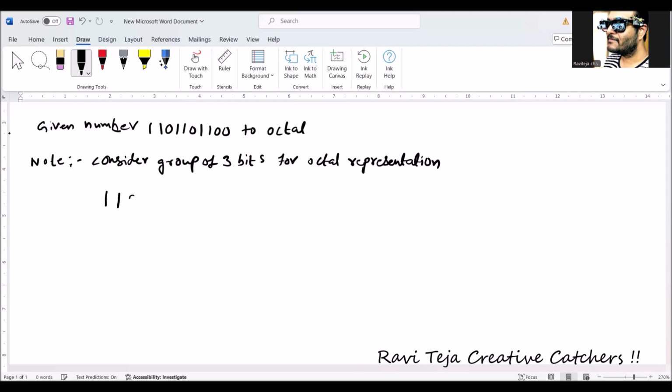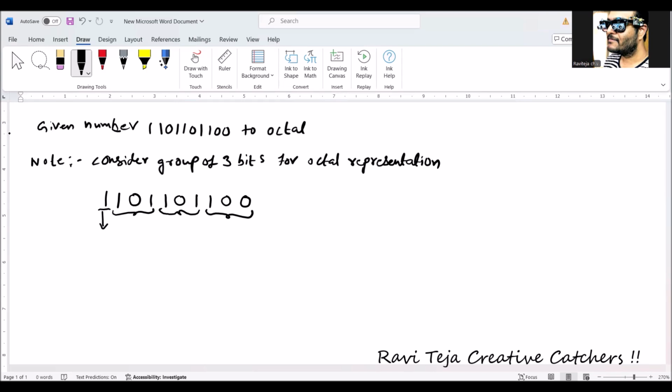1, 1, 0, 1, 1, 0, double 1, double 0. Okay. So from the right side, consider 3 bits in a group. This is one group. This is the second group. And this is the third group. And the last one bit is 1.